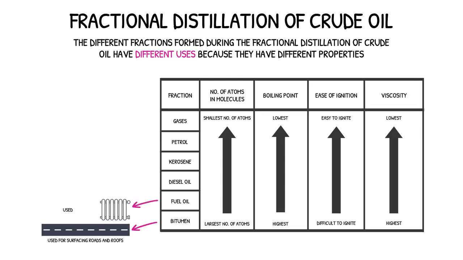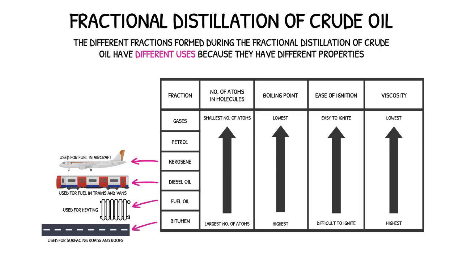Fuel oil is used to heat homes, whereas diesel oil is used to fuel trains and vans. Kerosene is used as aircraft fuel because it is highly flammable and has a low viscosity, whereas petrol is used to fuel cars. The mixture of gases released at the top of the fractional column have the lowest viscosity and are the easiest to ignite, and are therefore very suitable for their use as fuels.